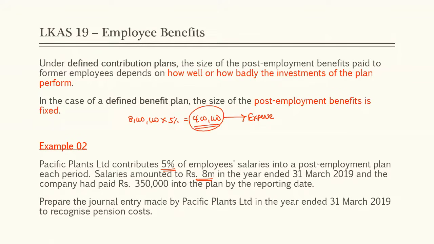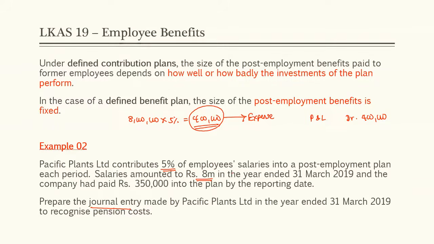That is an expense for the company. So we need to identify this as an expense. So what do we need to do? P&L debit 400,000. Yes, we need to prepare the journal entry.